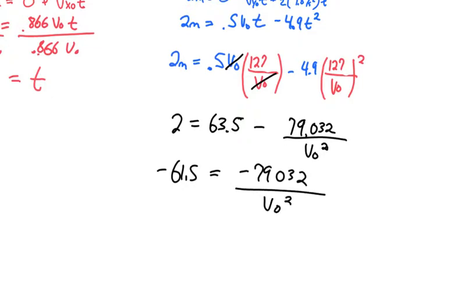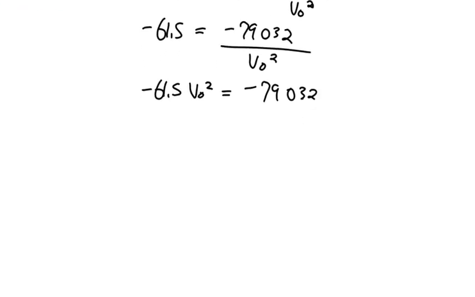Now I can't solve for that v naught squared when it's in the denominator, so I'm going to go ahead and multiply both sides by v naught squared, and I get negative 61.5 v naught squared is equal to negative 79,032. At this point, this ought to look like a more familiar problem, something that you're more used to solving.